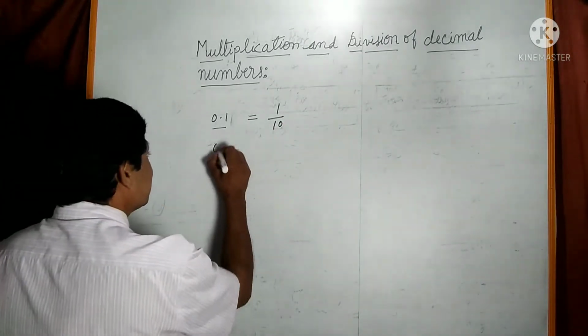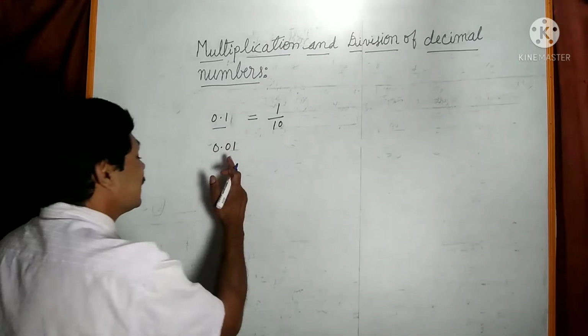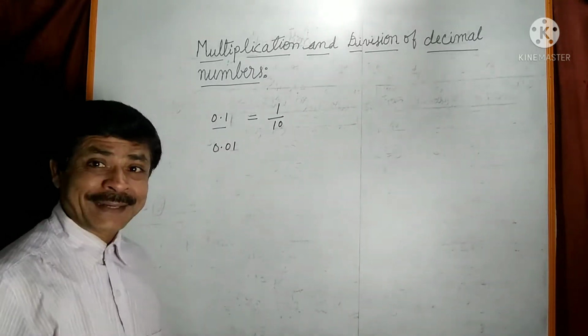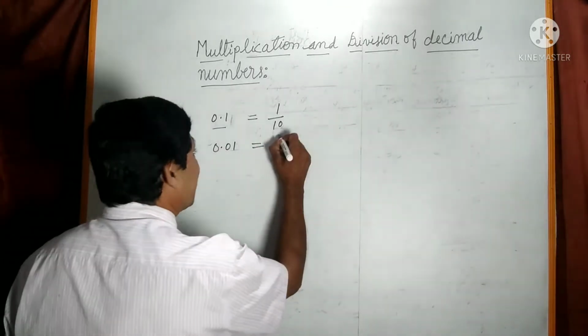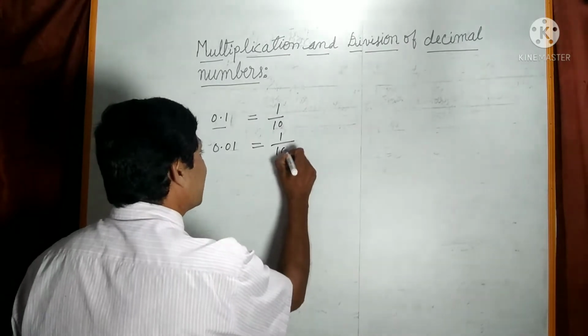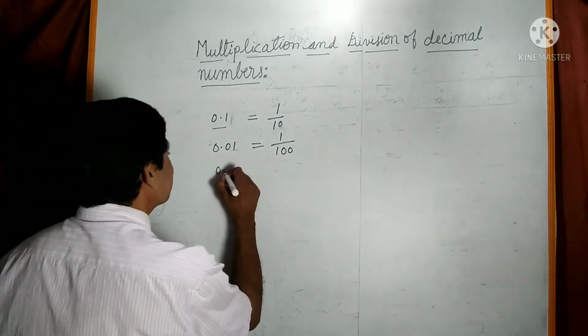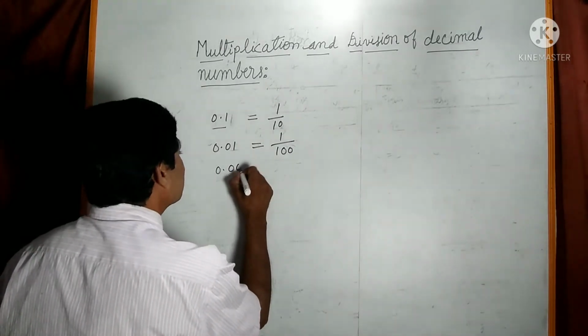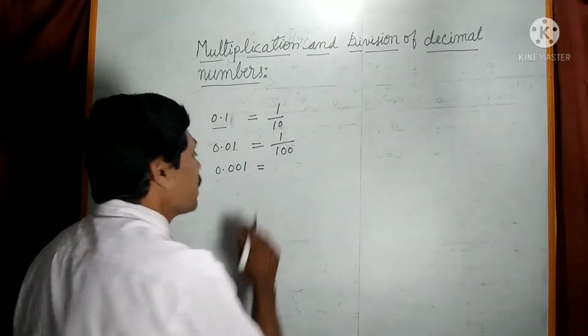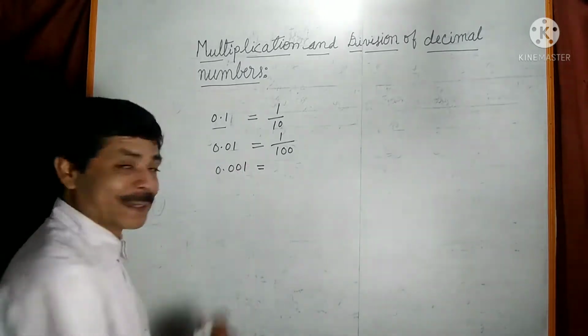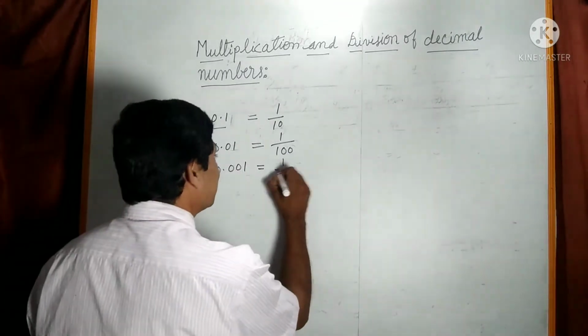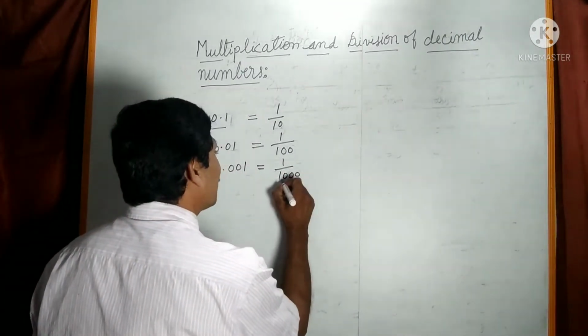In case there are two digits to the right of the decimal point, we can write it in fraction as 1 by 100. And if there are three digits to the right of the decimal point, this can be written as 1 by 1000.